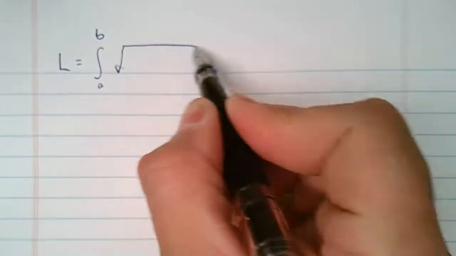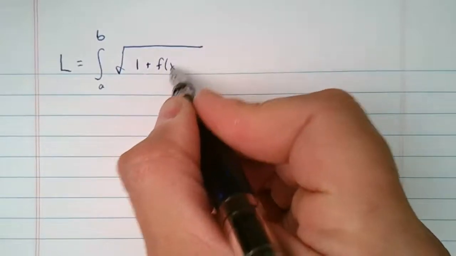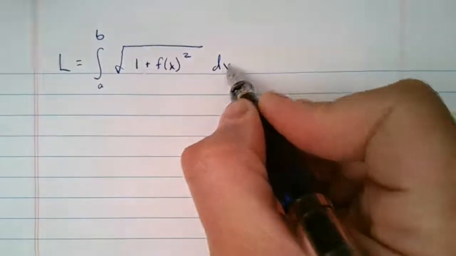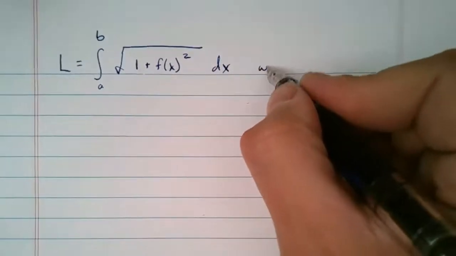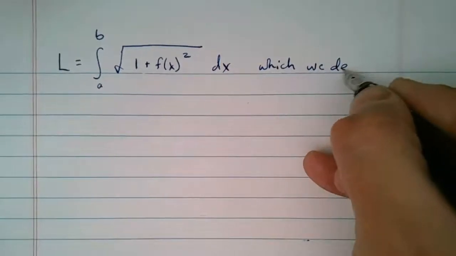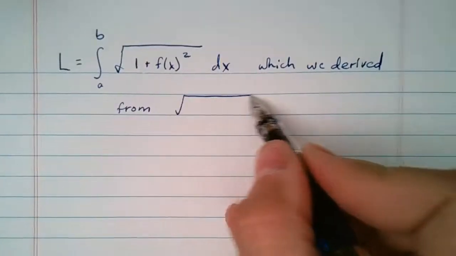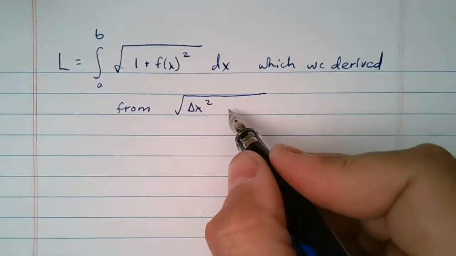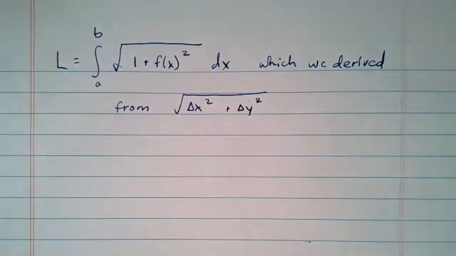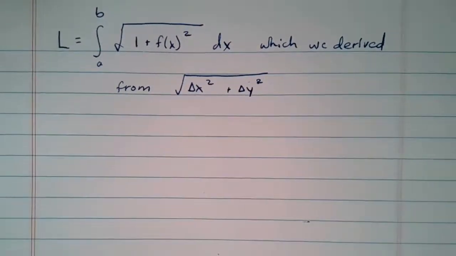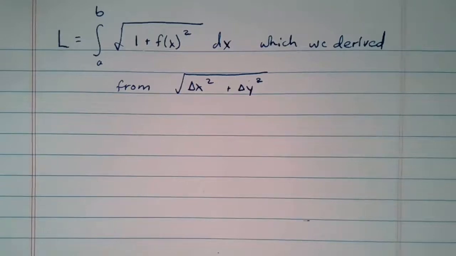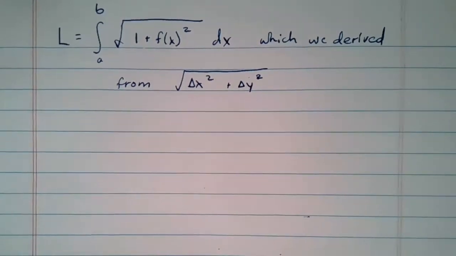Now, arc length, if you recall earlier in this text, was equal to the integral from a to b of the square root of 1 plus f prime of x squared dx, which we derived from the square root of delta x squared plus delta y squared, which really we just derived from the distance formula. We use the distance formula on a curve.